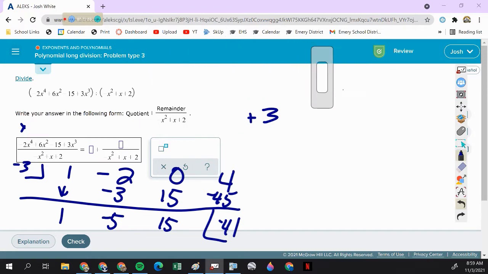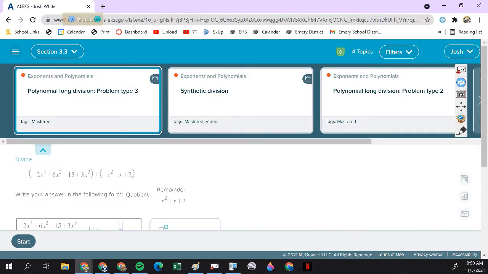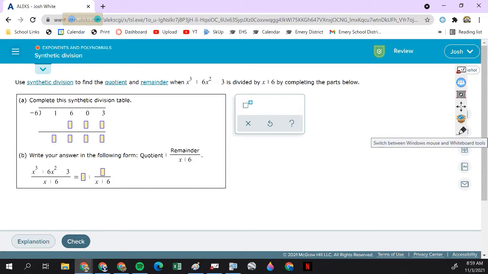Okay, so let's do some of the synthetic division problems. All right. So it has already set up the synthetic division for you. So the bottom is x plus 6, which means we put a negative 6 in the corner.